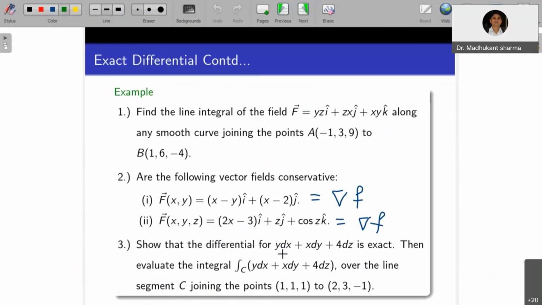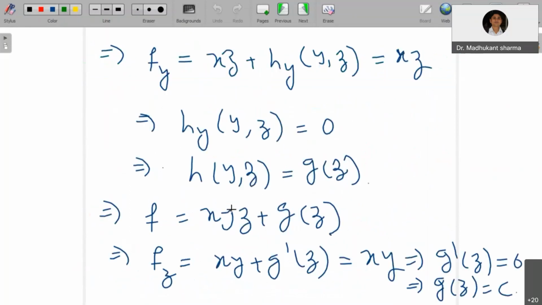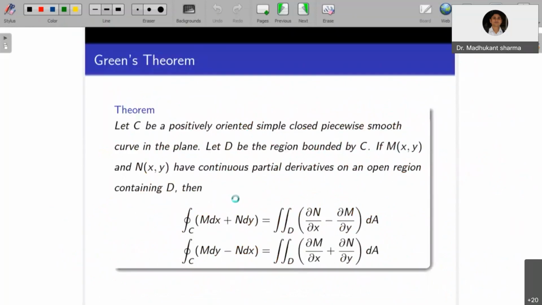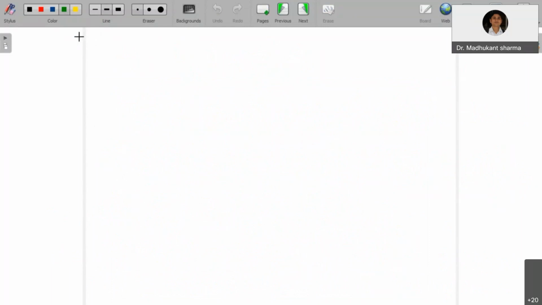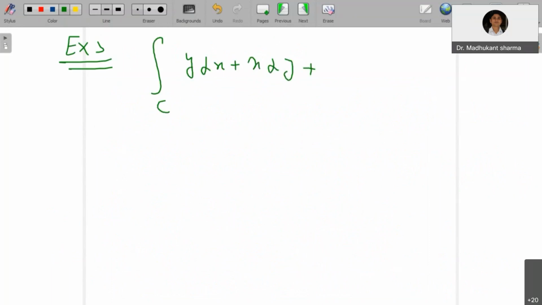So let me have y dx plus x dy plus 4 dz. It is very easy. So you are supposed to find the integral of y dx plus x dy plus 4 times dz.